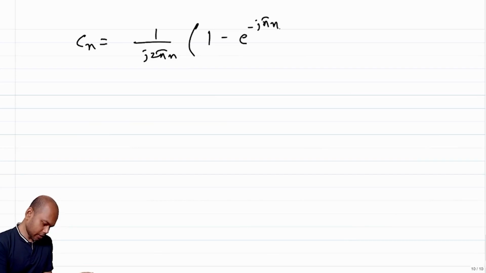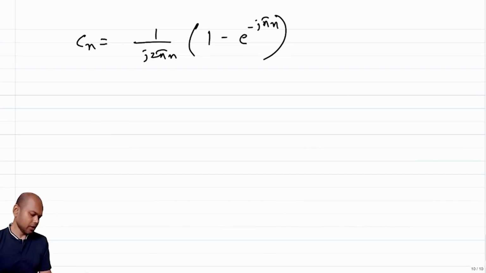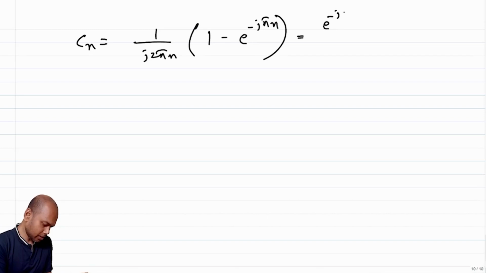If I take e to the power minus j n pi by 2 common from within the parenthesis, I get e to the power minus j n pi by 2 by j 2 pi n times the remaining terms.